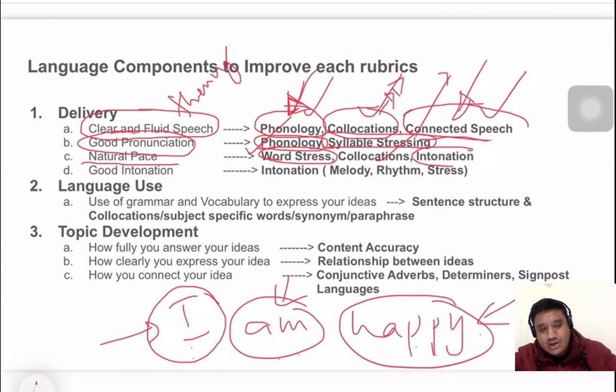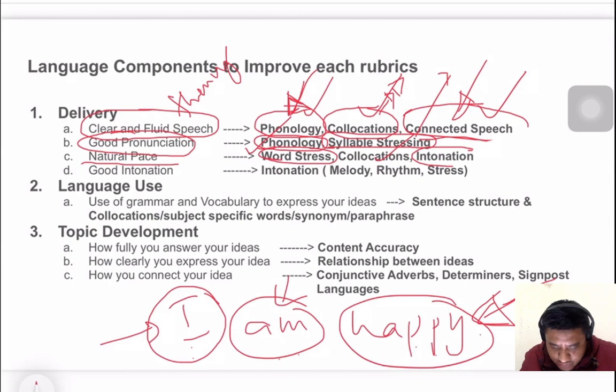Please notice that depending on which word you stress, the meaning of the sentence changes. I am happy, right? When you stress happy, it means you're not sad, you're not indifferent, you're very happy.